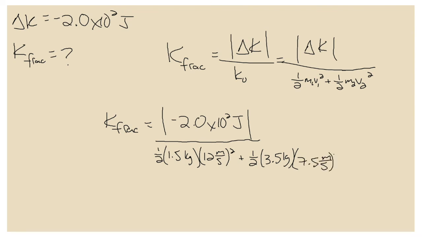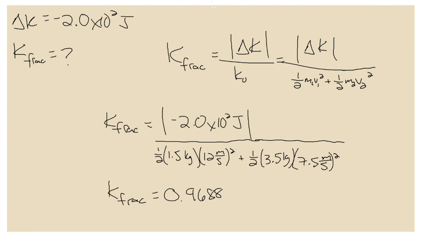Again, here, we're not using the signs for these because they're speeds for kinetic energy calculations. And when you do that math there, in the denominator, you get 206.4375. And so that means your fraction of kinetic energy lost is going to be 200 divided by 206.4375. And so that's going to give you 0.9688. Notice all of the units cancel.